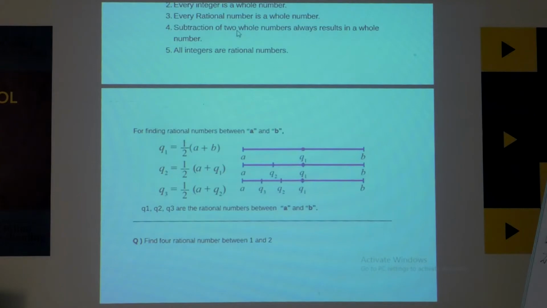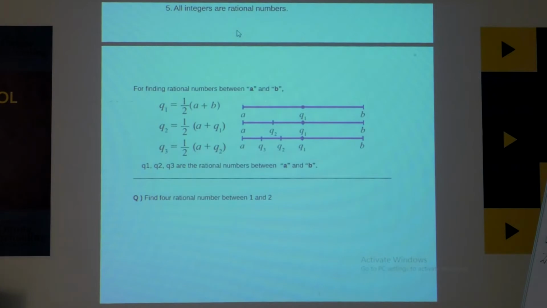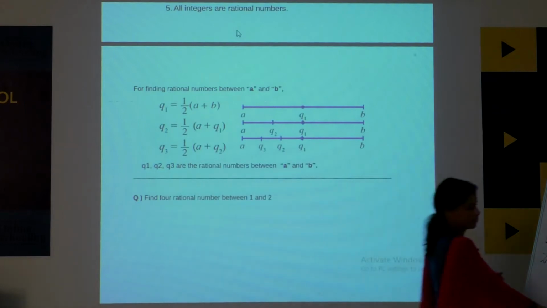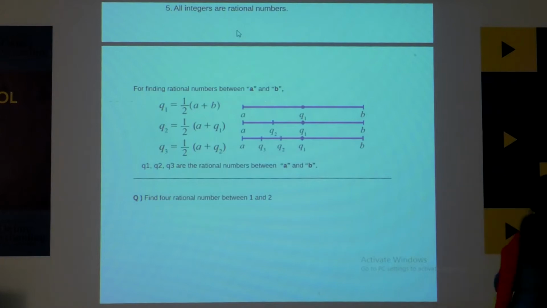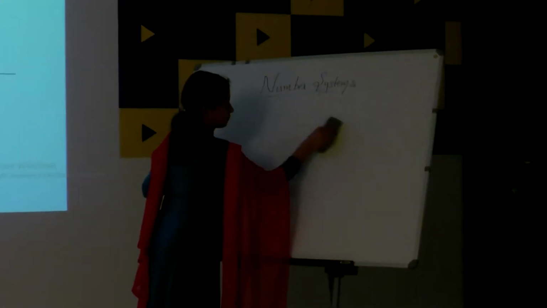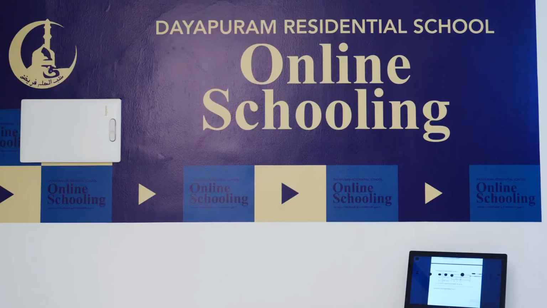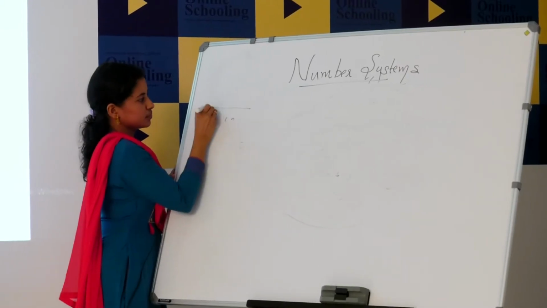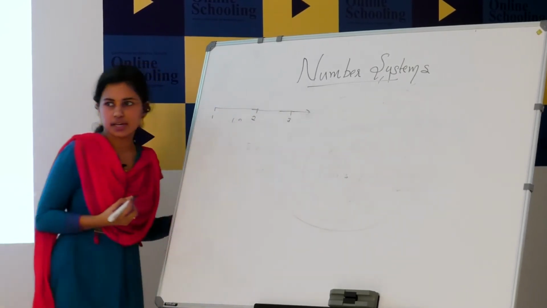Then the next section is for finding rational numbers between a and b. How will you find the rational numbers between a and b? We know that in a number system 1, 2, 3, etc. is a number line.